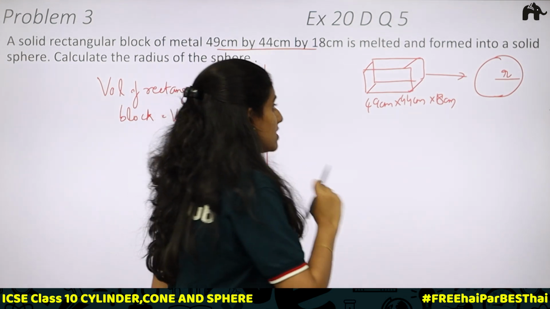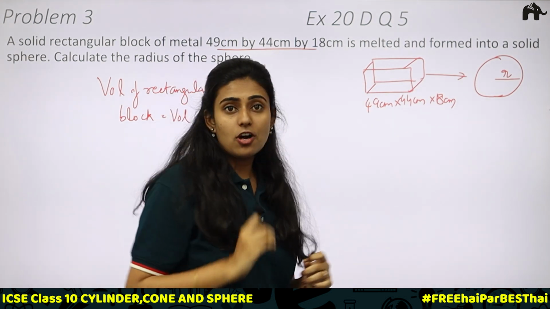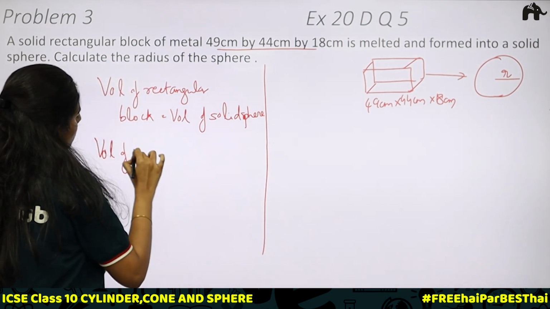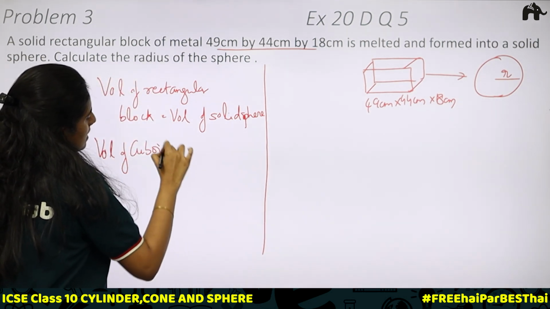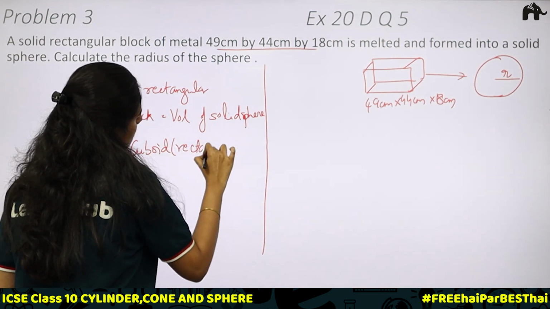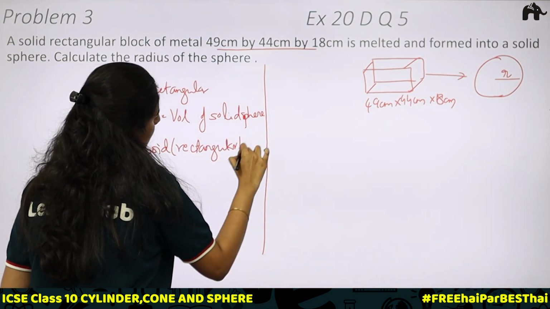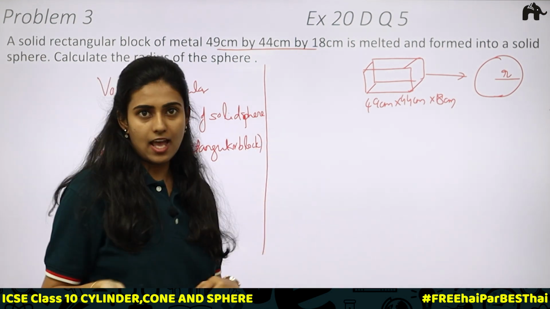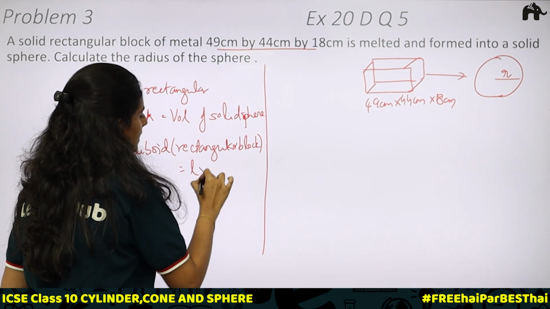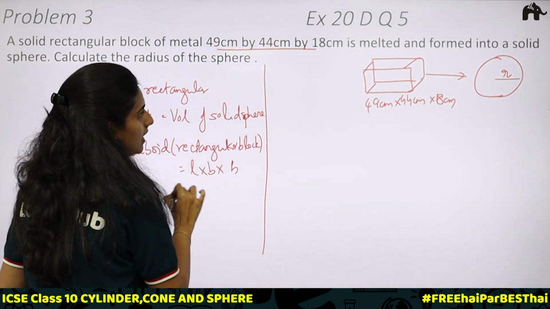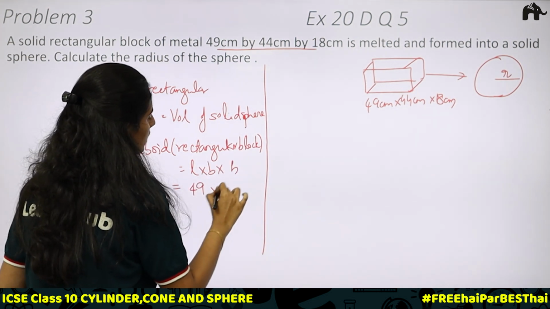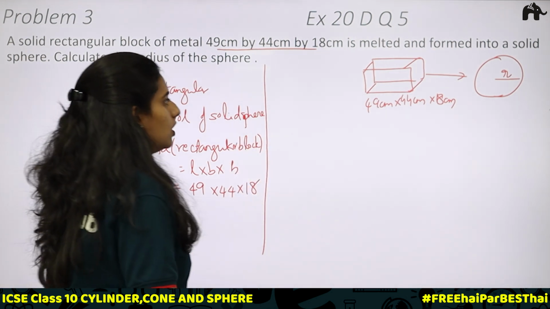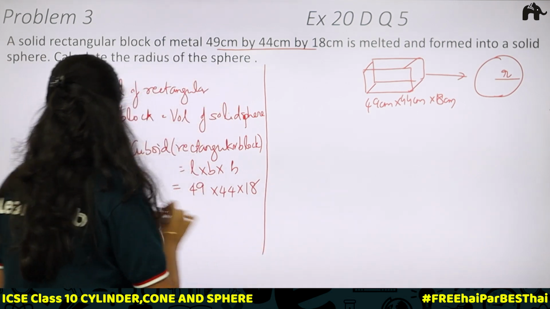We have studied how to find the volume of a cuboid. It is very easy. We just have to multiply the length, breadth and height. Volume equals length into breadth into height, here 49 into 44 into 18. Okay. What about the volume of the sphere?